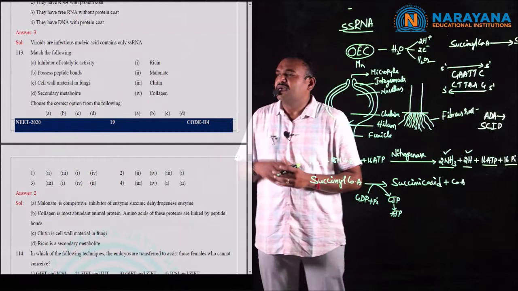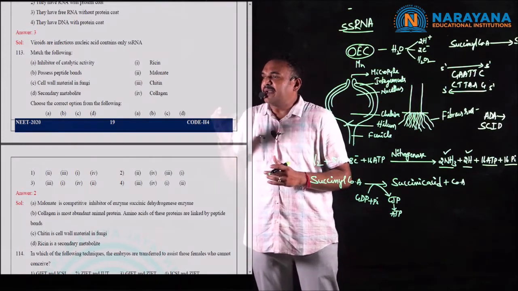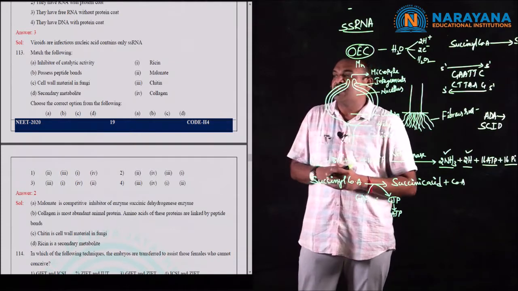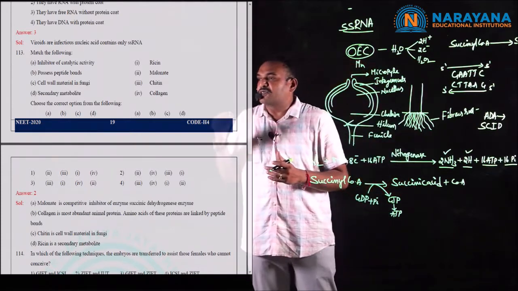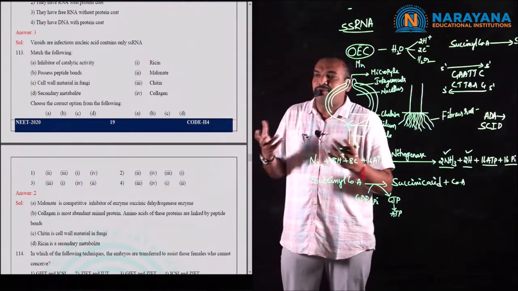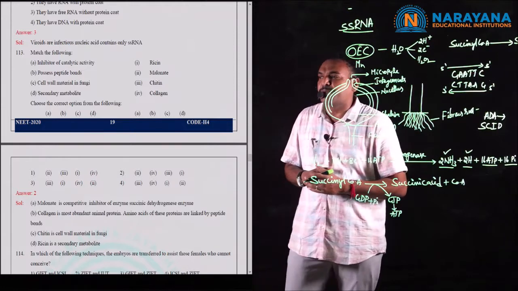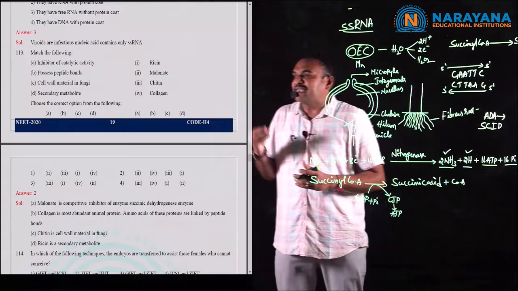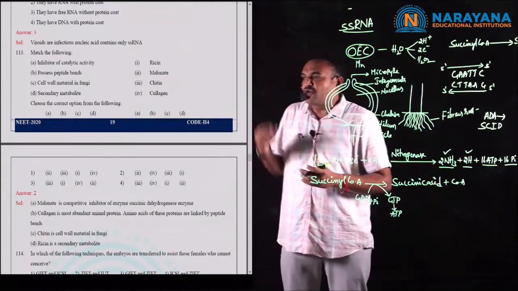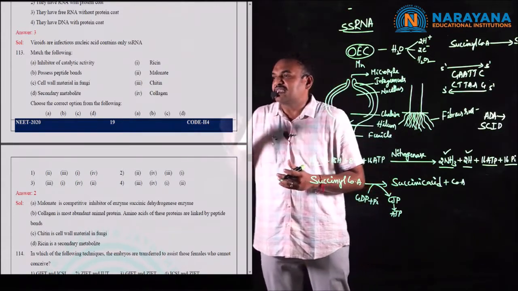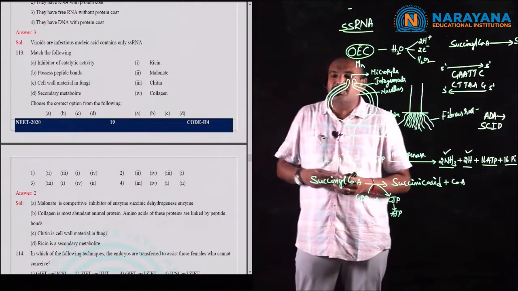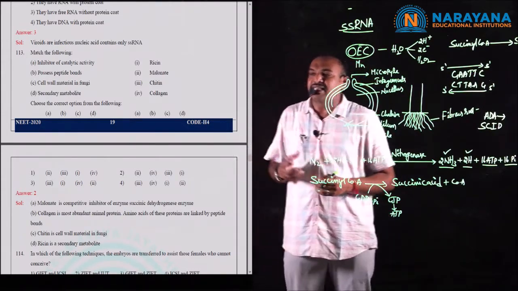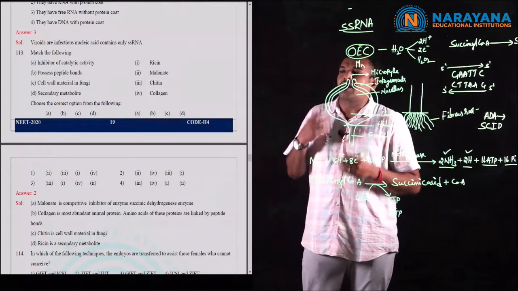Match the following. Column 1: A, inhibitor of catalytic activity; B, possesses peptide bonds, which means they are asking about proteins; C, cell wall material in fungi; and D, secondary metabolite. In column 2: Roman 1 ricin, Roman 2 malonate, Roman 3 chitin, Roman 4 collagen.